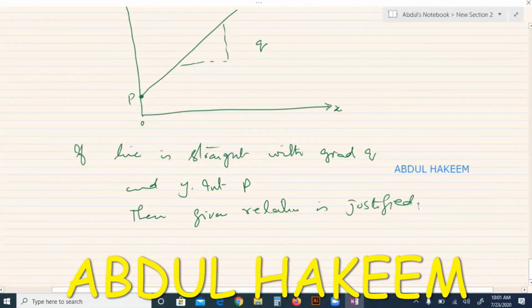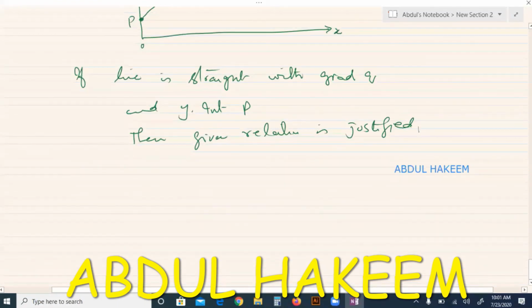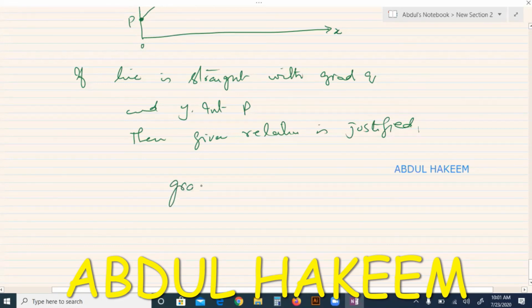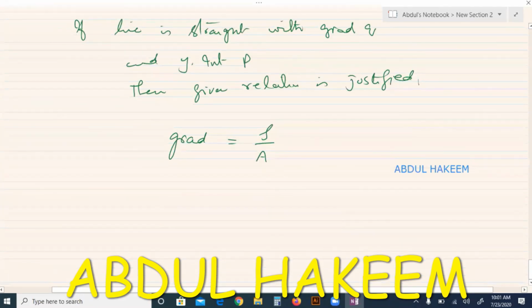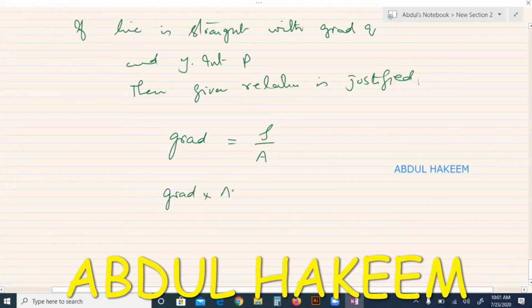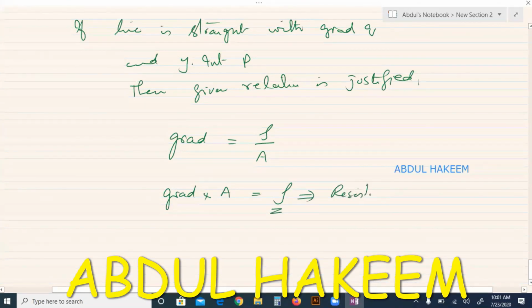And sometimes in the question, it will be asked how we can calculate this quantity from the gradient. For example, the gradient of any graph is like rho over A. So by using this equation, gradient multiplied by area, we can calculate this resistivity. This is just the example.